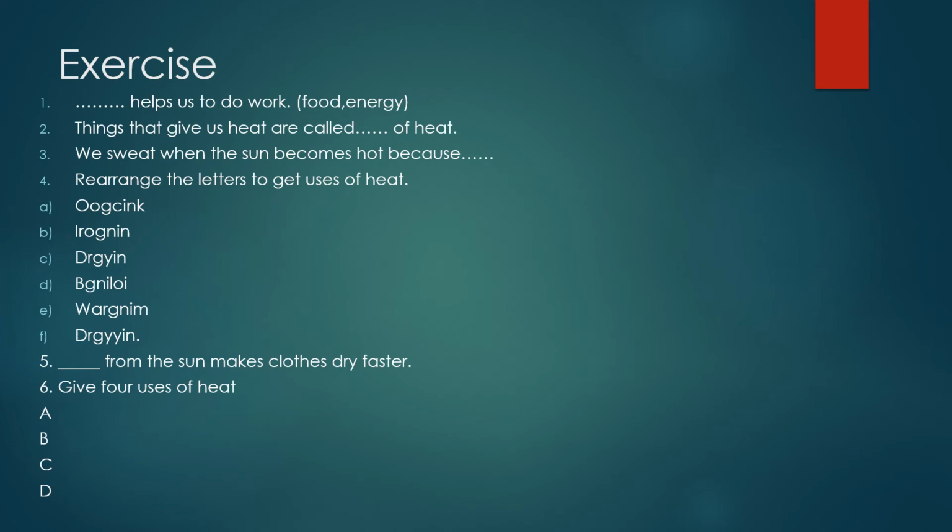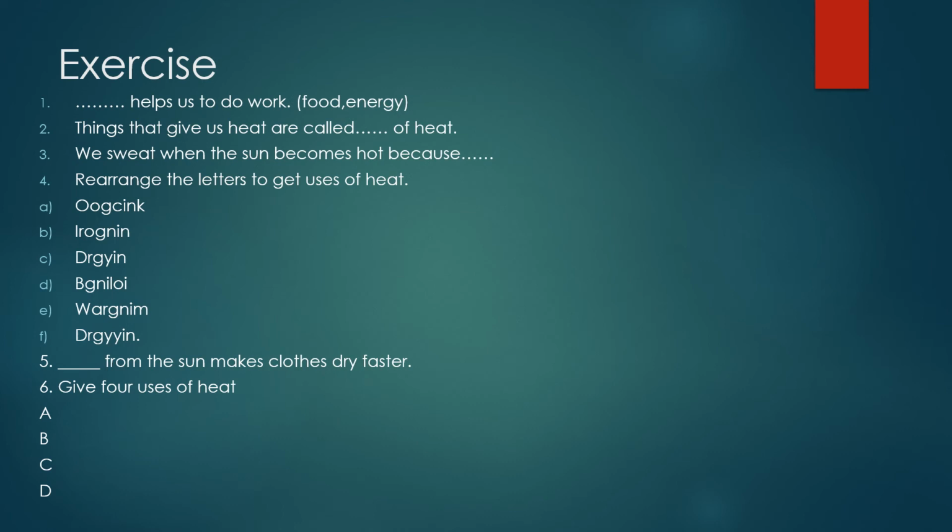B, we have these letters I, R, O, G, N, I, N. Those letters will make the word ironing. We use heat to iron our clothes to make them straight.